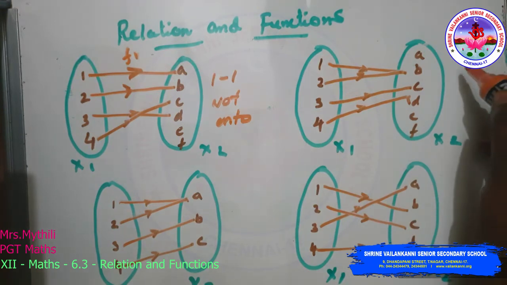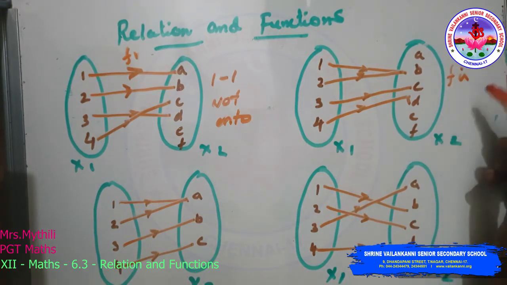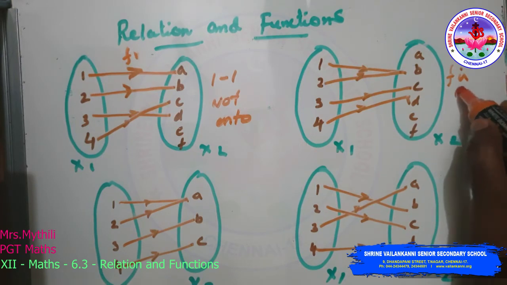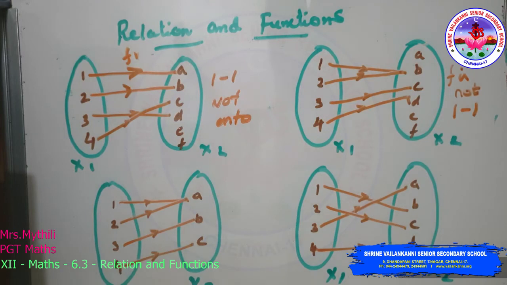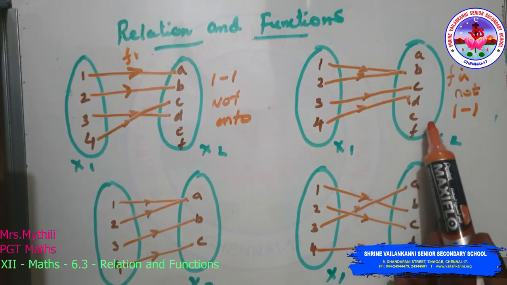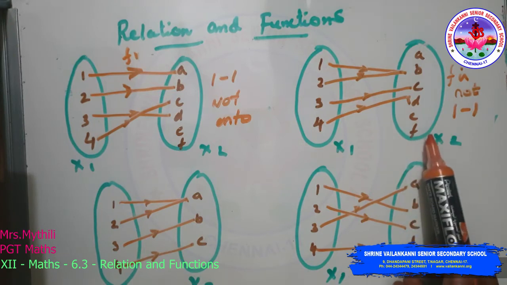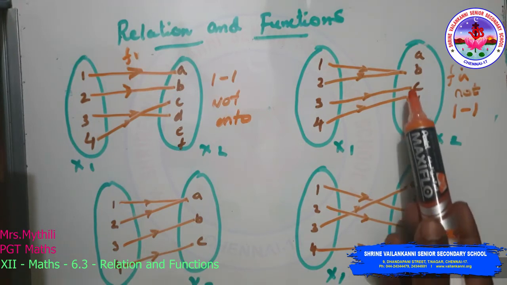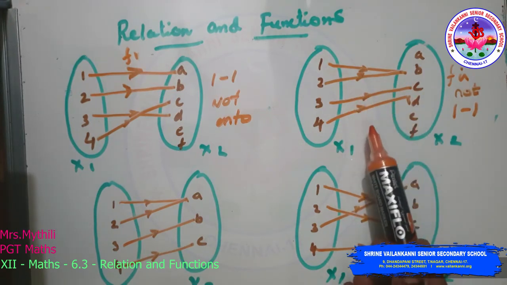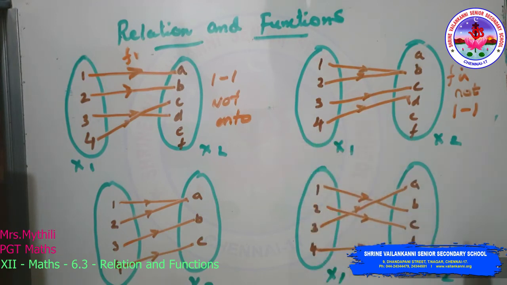So we can say this function is not 1-1. Let's check for onto function. We have E and F left out, and there are no distinct images. So it's not 1-1 and not onto.